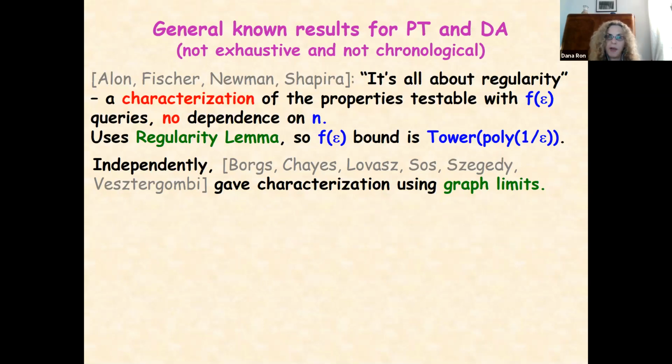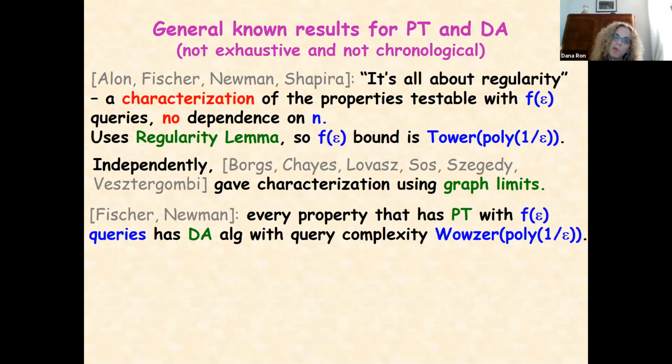So this was property testing, a general result, a bit costly, but very general. Now, when we go to distance approximation, Fischer and Newman showed a very general result. They showed that every property that has a property testing algorithm with dependence only on epsilon has a distance approximation algorithm also with dependence only on epsilon.